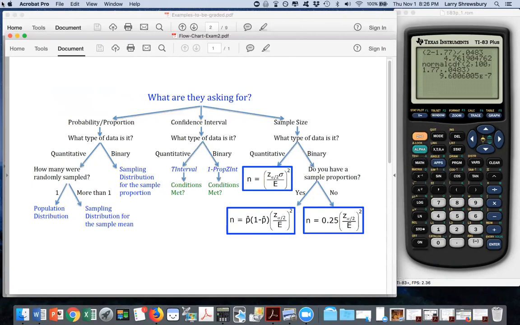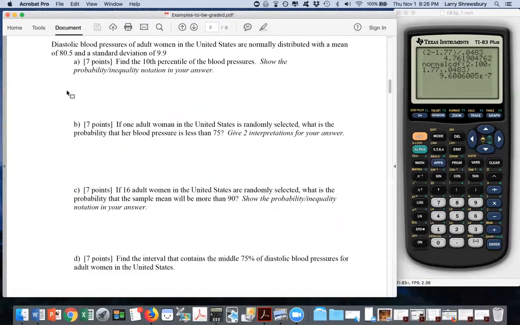Okay. So let's go ahead. And with that in mind, you'll have to remember what a percentile is, because if you don't, you'll most likely mess this one up. This one is one randomly selected, so you know that's a population distribution problem. This is more than one, so you know it's a sampling distribution for the sample mean.